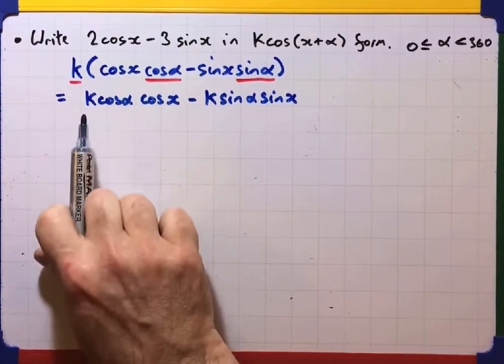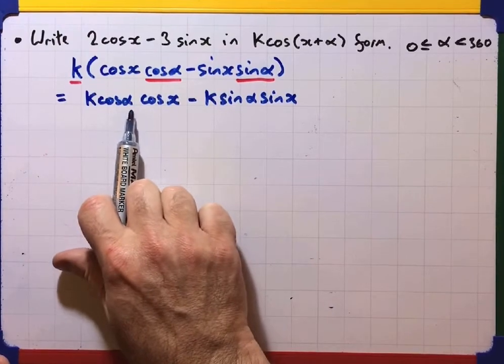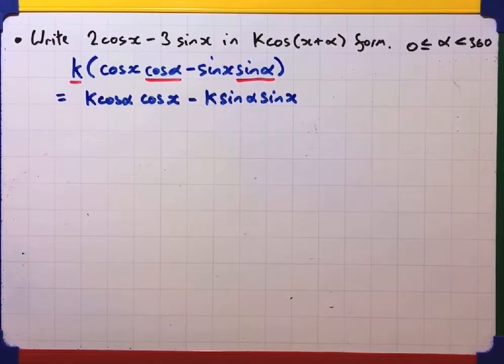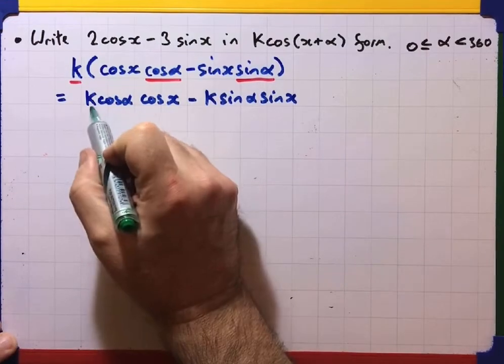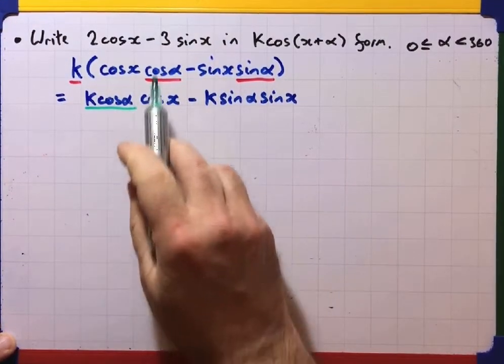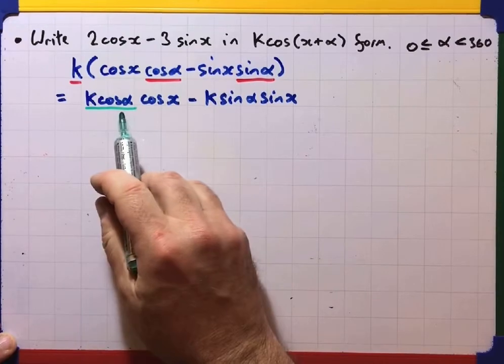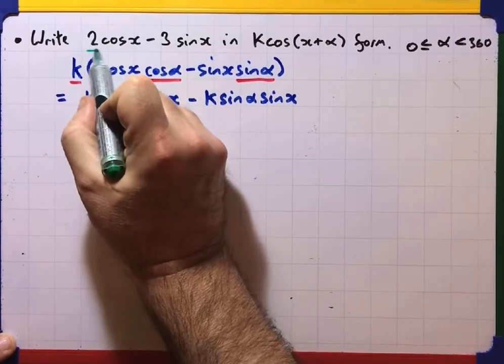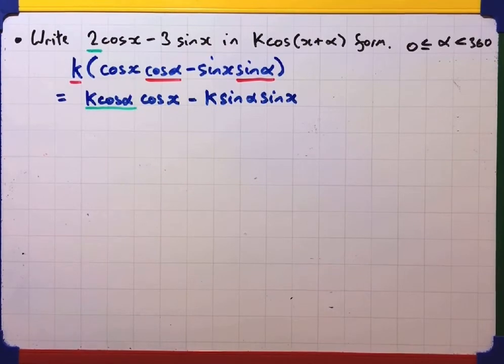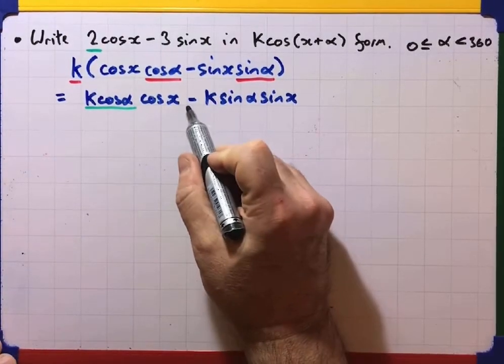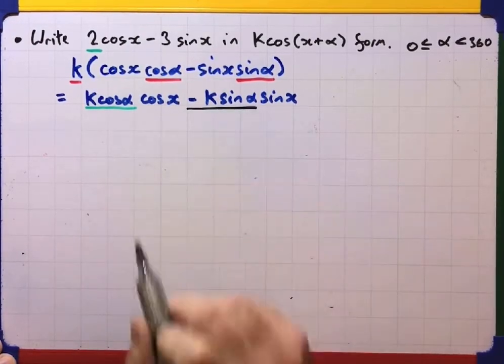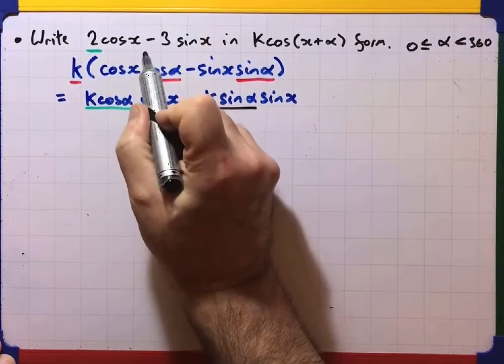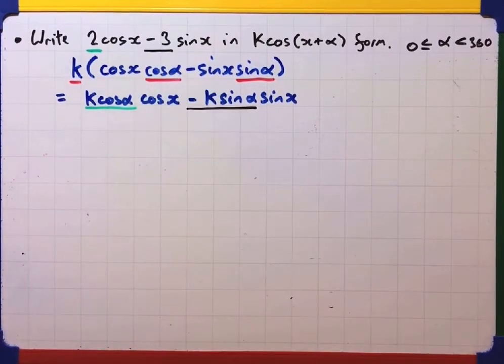I've just written it again with the constants at the start. Then I'm going to have a look at what I've been asked to compare it to. That's the constant in front of cos x there, isn't it? And that is the constant in front of sin x.